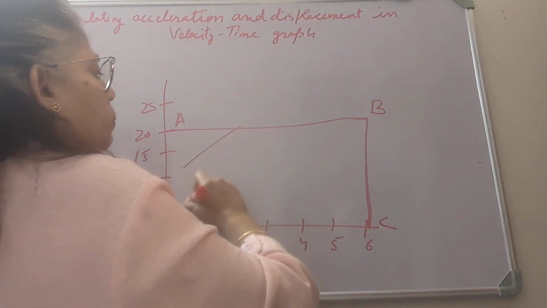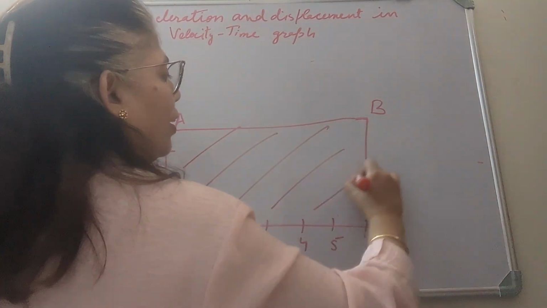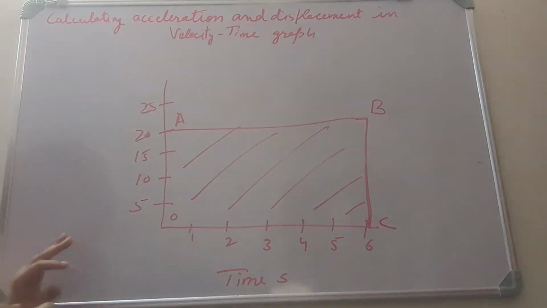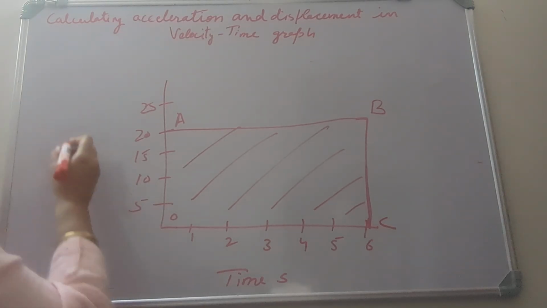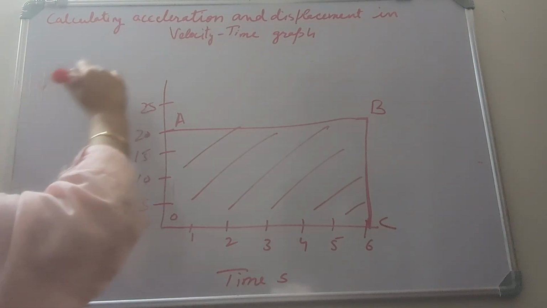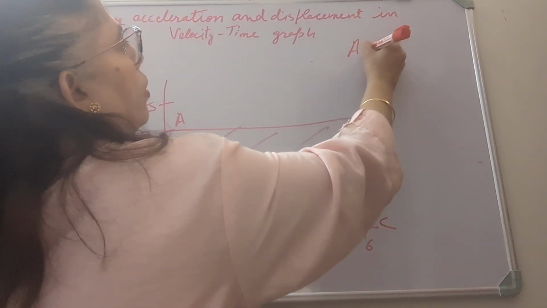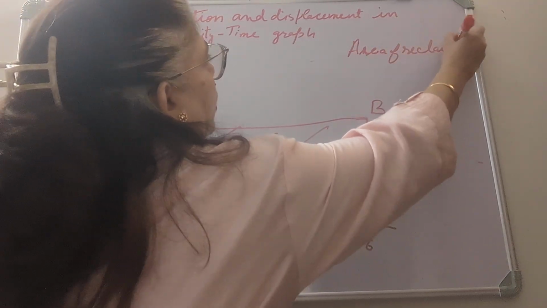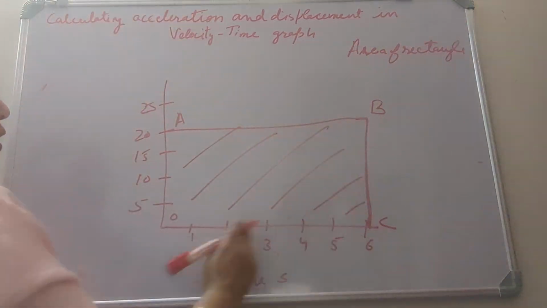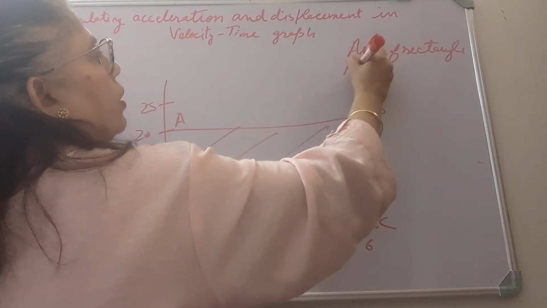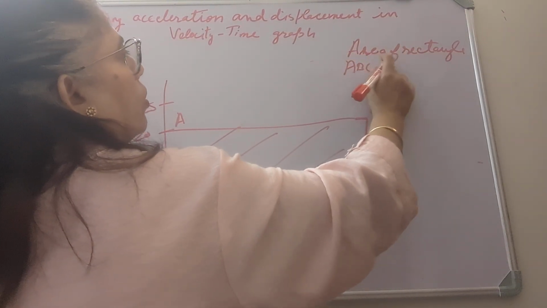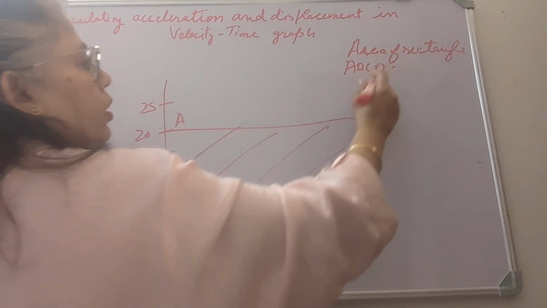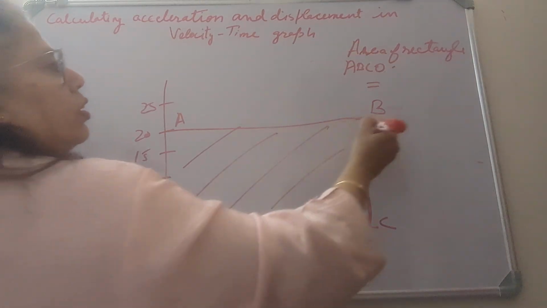So our displacement will be represented by the area of the rectangle. The rectangle is ABCO. This is BC into OC.